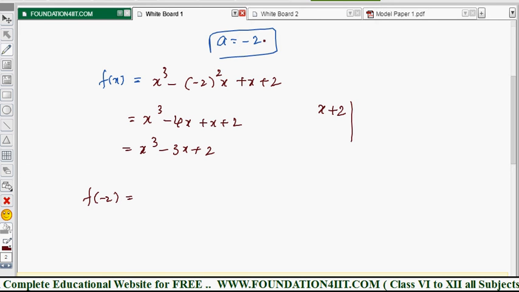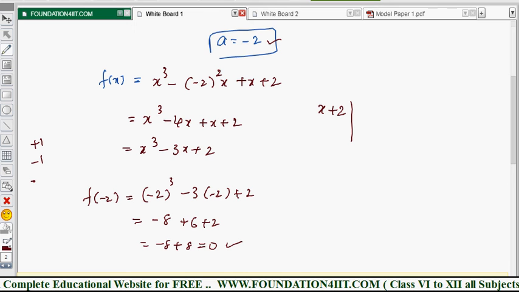Minus 2 whole cube is minus 8, minus 3 into minus 2 is plus 6, plus 2. So minus 8 plus 8 is equal to 0. When x is minus 2 we get 0, so x plus 2 is a factor.